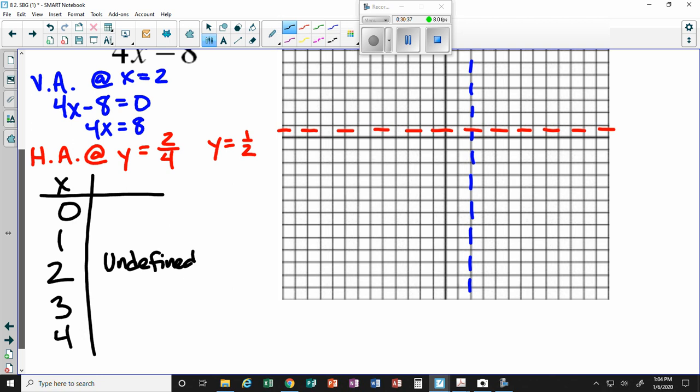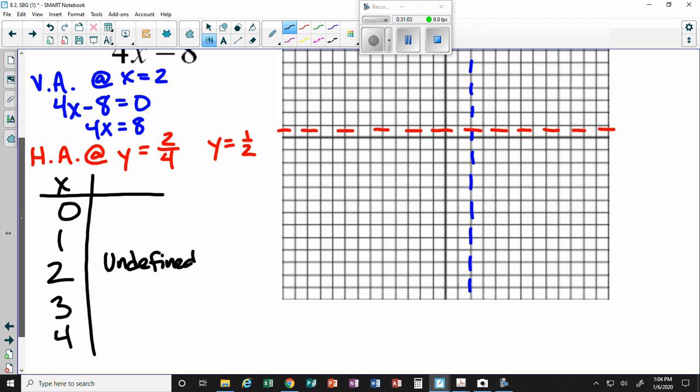Now, when we plug these in, you have to be careful with these. I'll show you how you're going to plug them into the calculator. You have to use lots of parentheses in this one, because there's more than one term on top and more than one term on bottom.